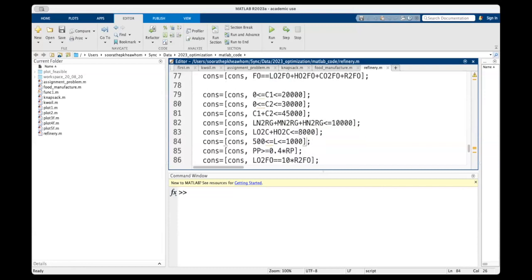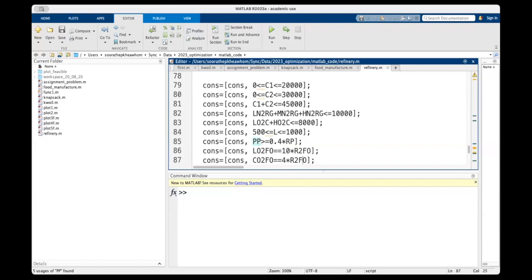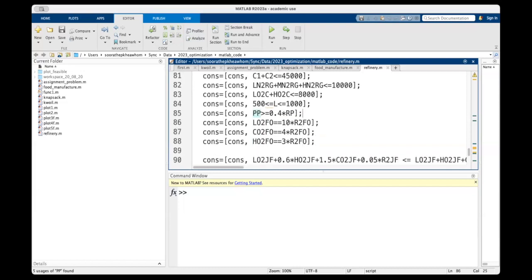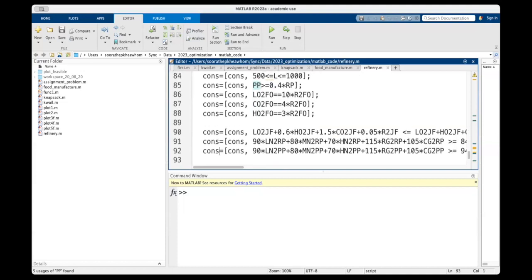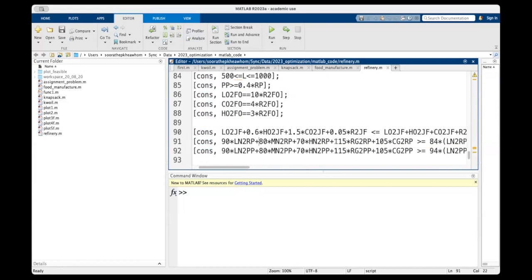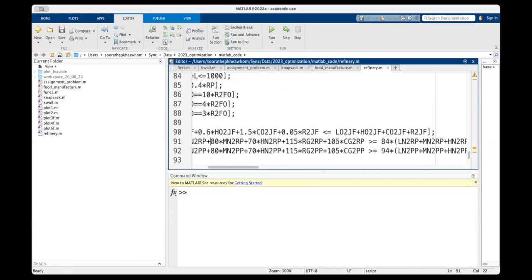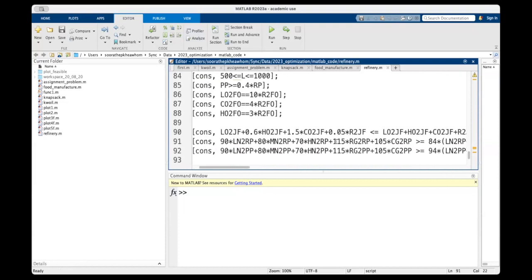And the next one here is the lube oil. The production of lube oil must be between 500 and 1,000. And this one is premium petrol, which must be at least 40% of regular petrol, right? And this is the ratio of the blending of fuel oil. And what else do we have? This one is just the vapor pressure of jet fuel, and this one is the octane number of regular petrol and premium petrol.